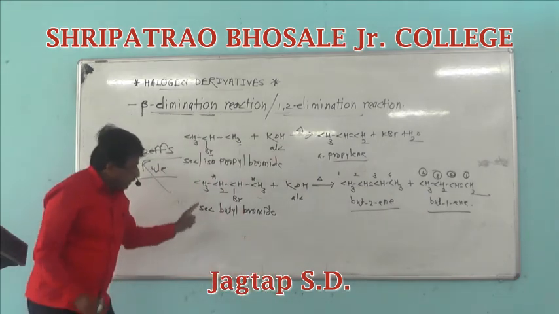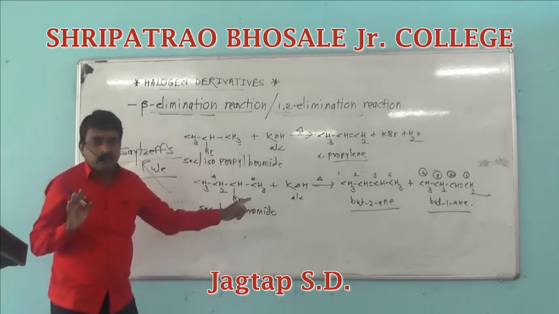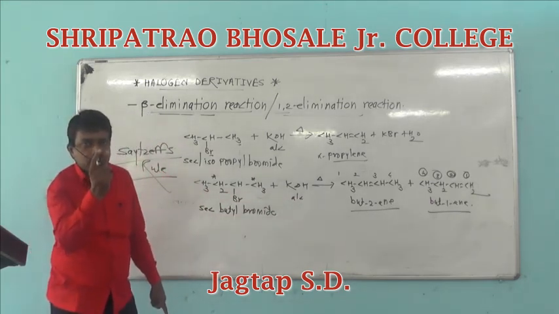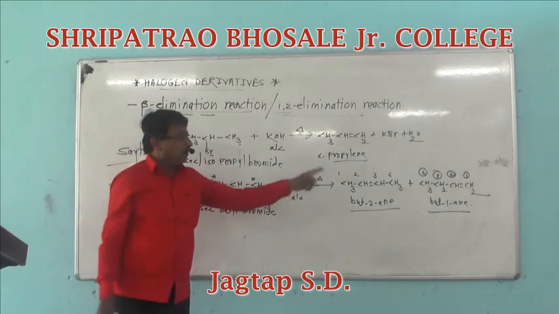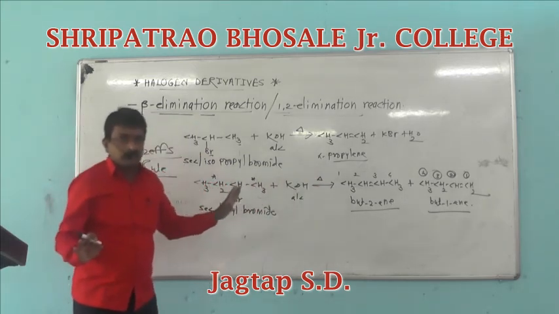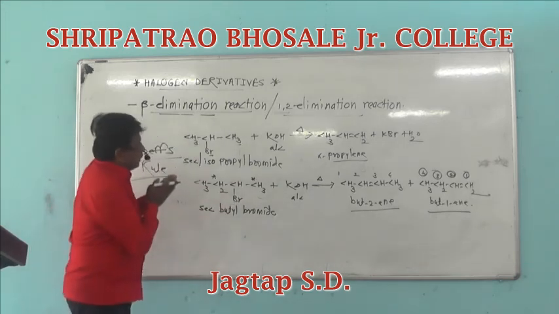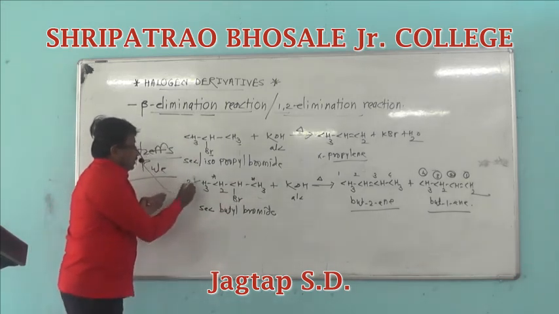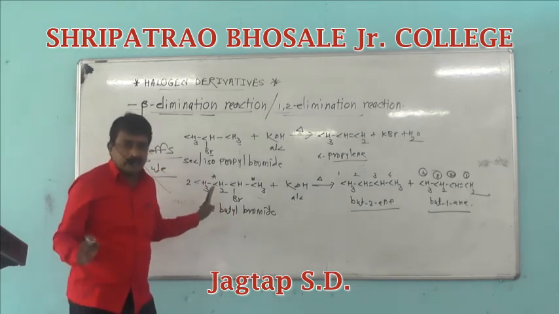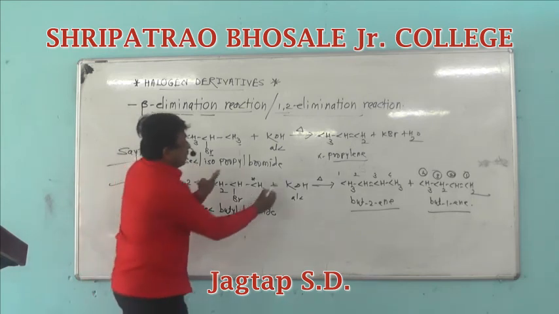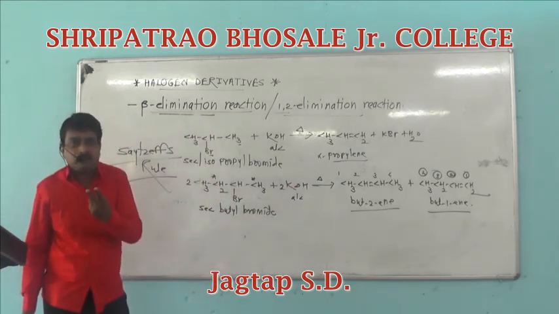So secondary butyl bromide is boiled with alcoholic potassium hydroxide. It gives two possible products. One may be but-1-ene and the other is but-2-ene. Therefore, for balancing the chemical reaction, the two molecules of secondary butyl bromide are required here, and the two molecules of potassium hydroxide are also required here.